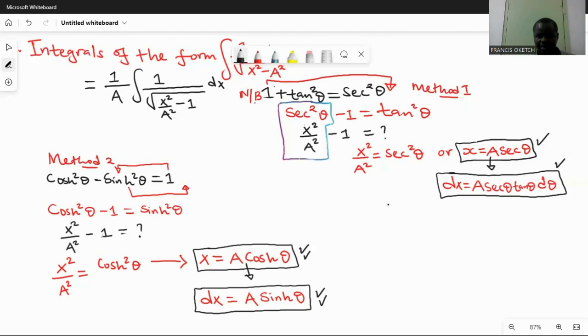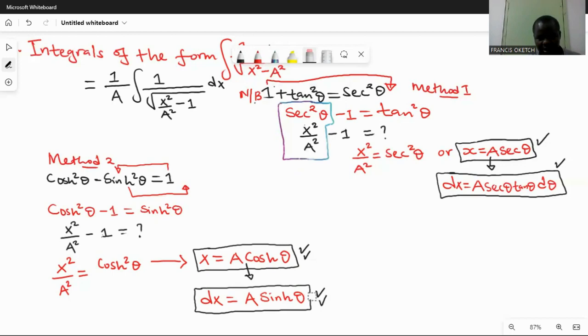In method 1, we said you can say let x be a sec theta, and the corresponding differential, that is dx, is equal to a sec theta tan theta d theta. I have left the theta here, so let me add it. There should be d theta here, don't forget.